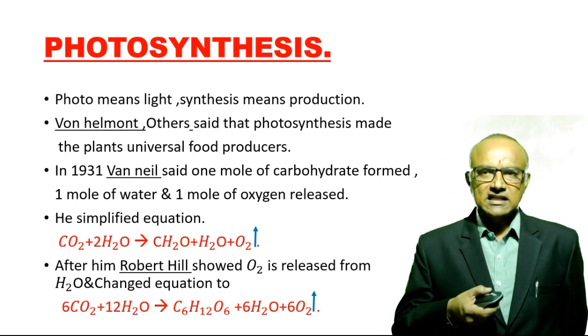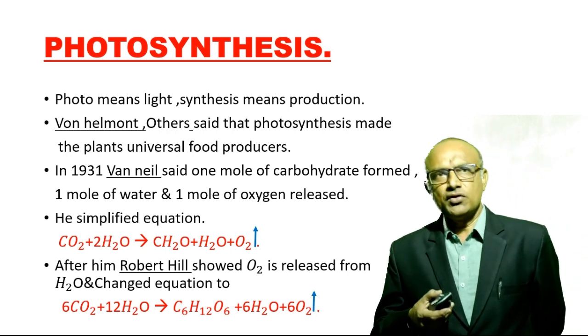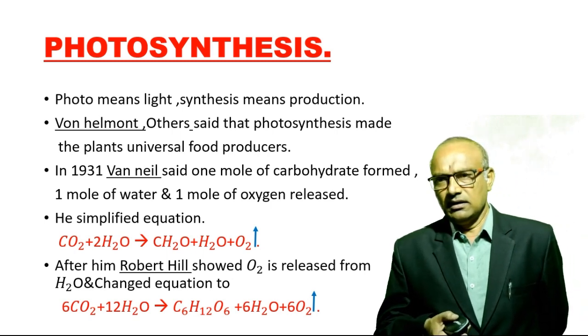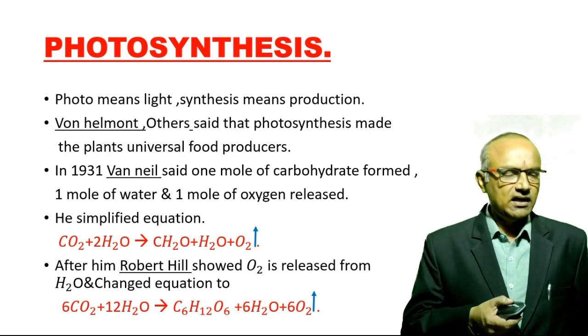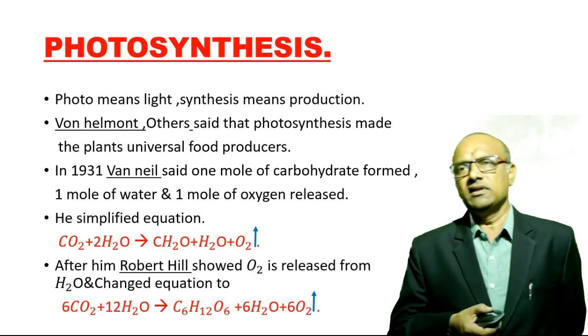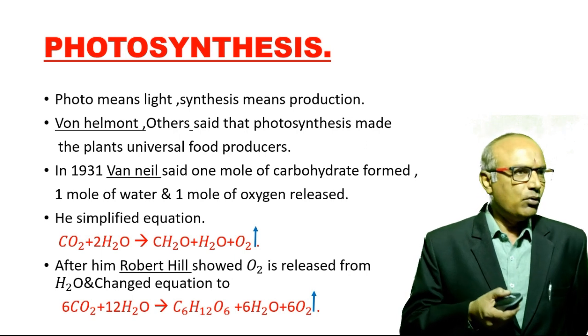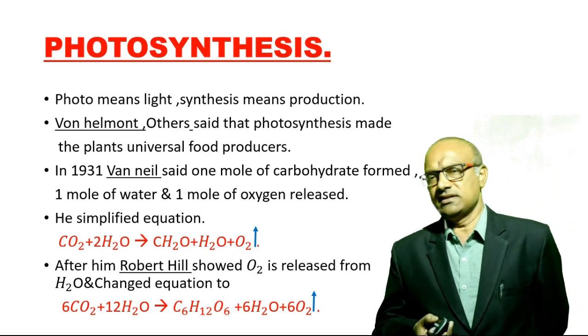Based on his experiments, he proposed a simplified photosynthetic equation. In this, carbon dioxide combined with two molecules of water gives rise to a carbohydrate molecule along with one molecule of water as well as oxygen.